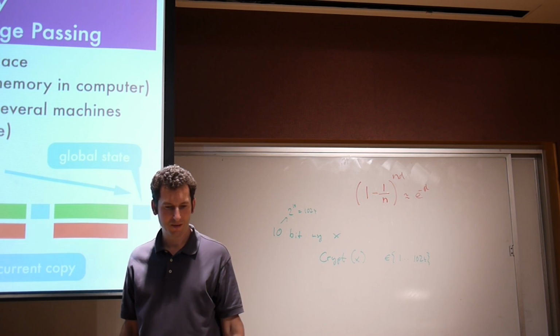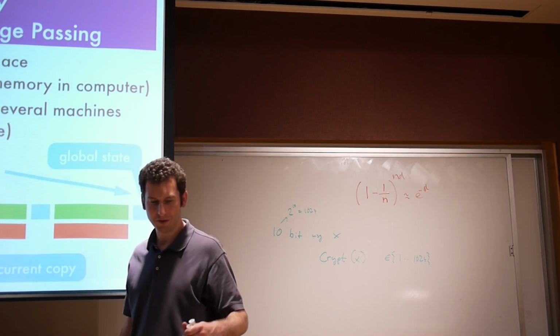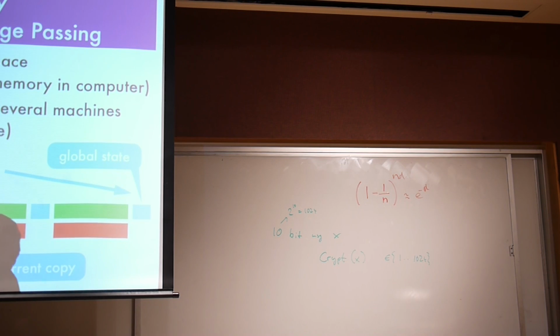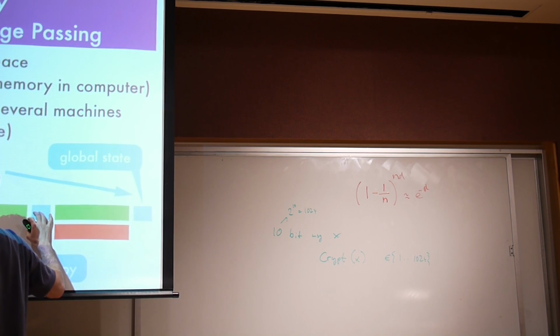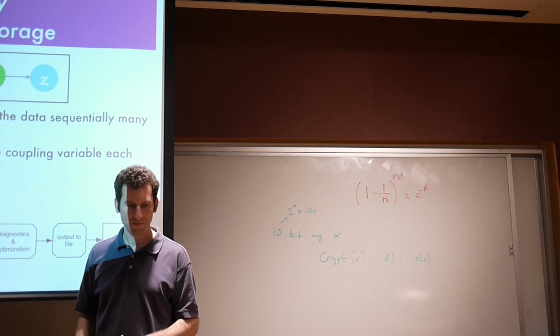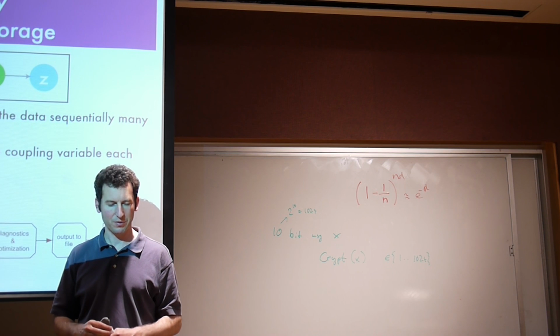The second thing is we do asymmetric message passing. We send global state to local, and we send the diff back to global. The third thing is, we do out-of-core storage.